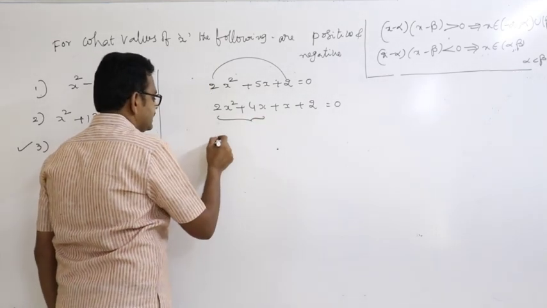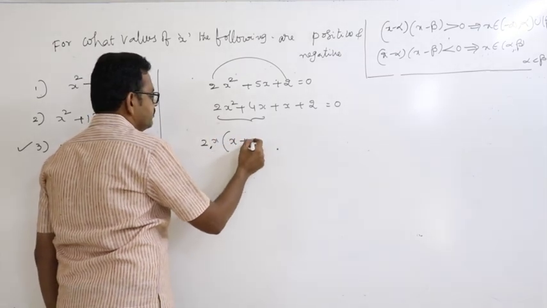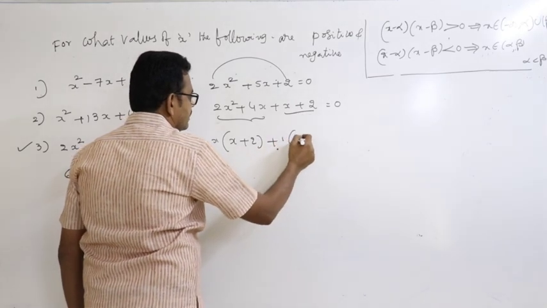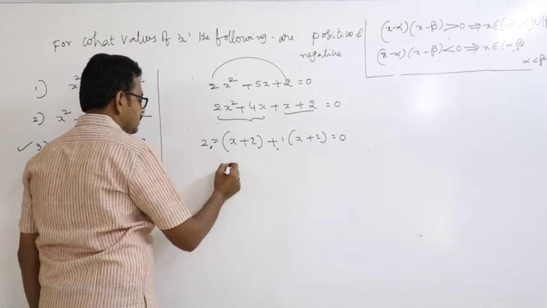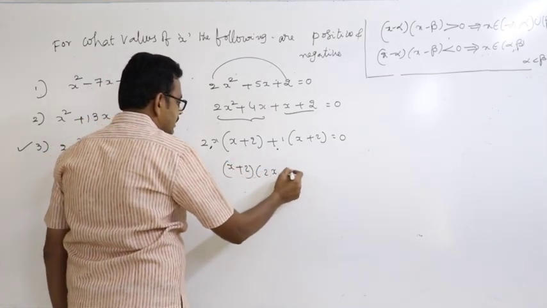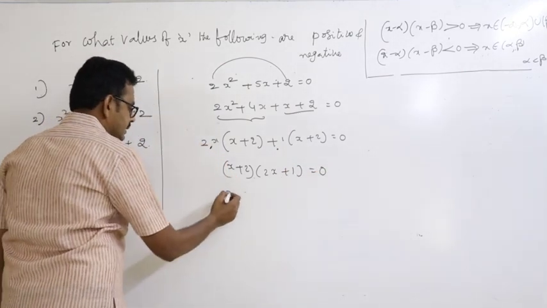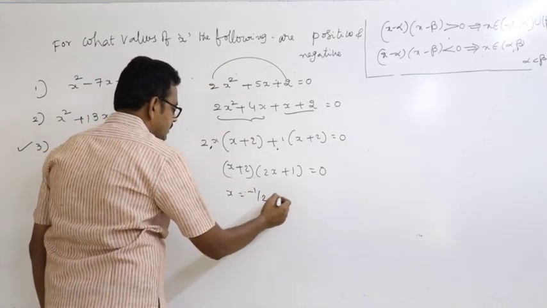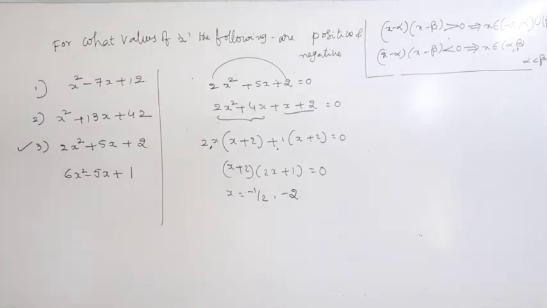These two, 2x common, so this is x plus 2, plus these two, 1 common, x plus 2 is equal to 0. So x plus 2 into 2x plus 1 is equal to 0. x is equal to minus 1 by 2 comma minus 2.